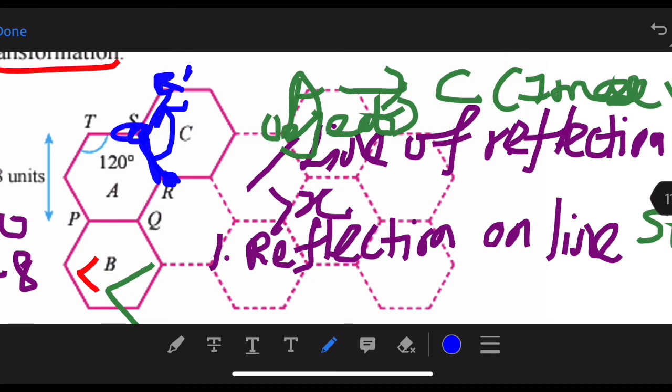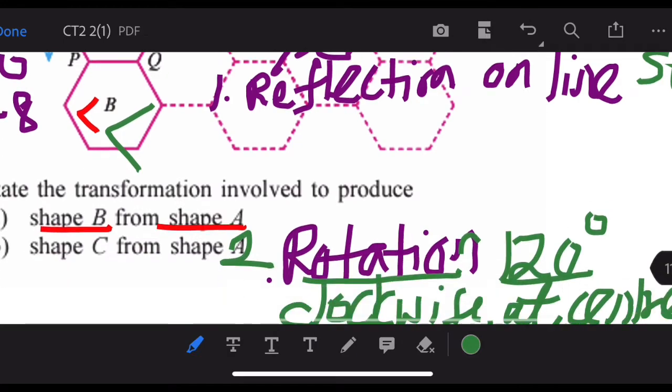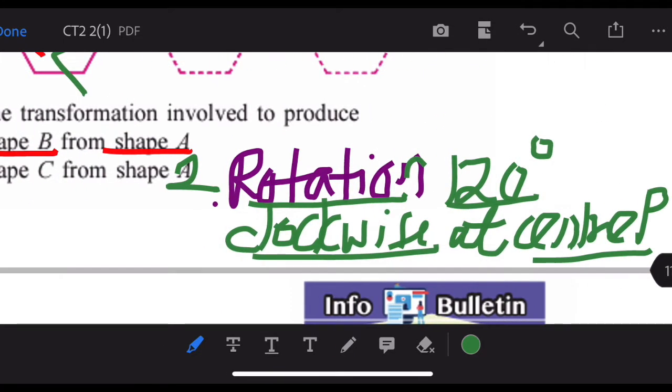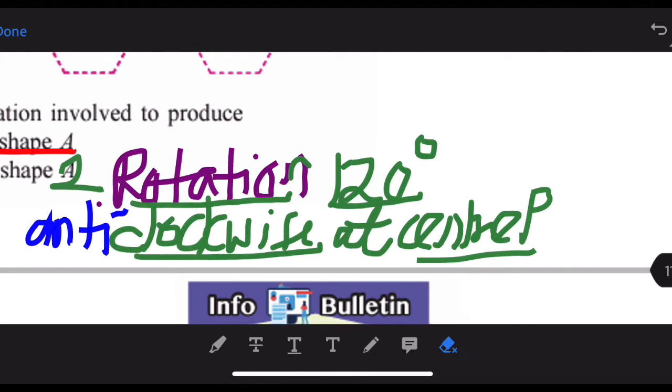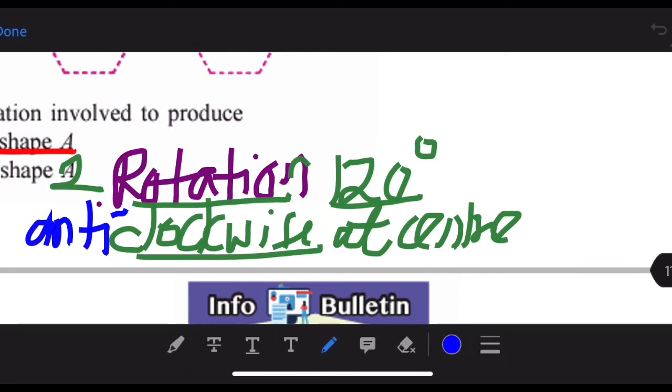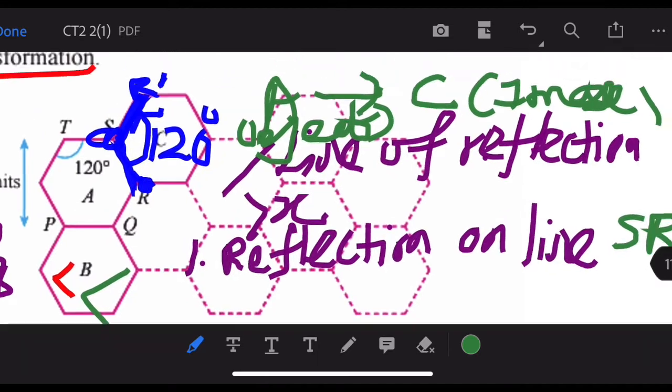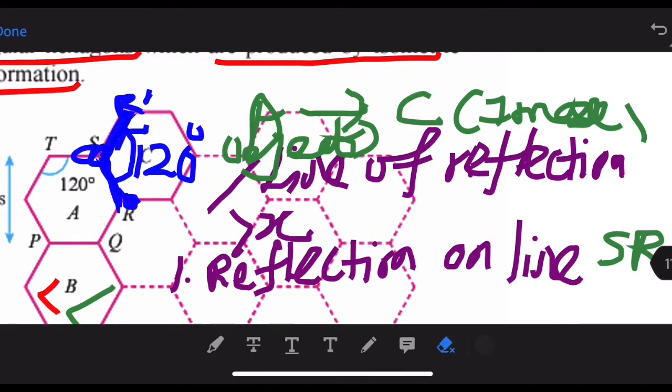So the R will go there. This is 120 degrees because it's a regular hexagon. So rotation 120 degrees, anti-clockwise, at center S. So we actually can have many answers other than rotation.